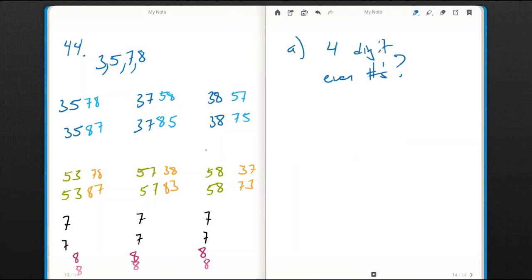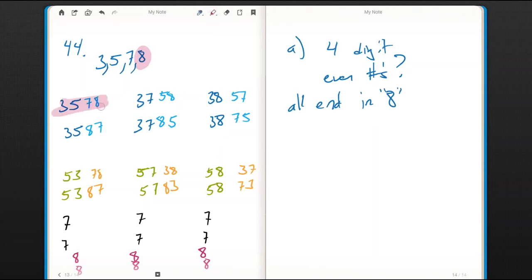Usually when we organize these, we think in terms of organizing all the front numbers of 3, all the first numbers of 5, all the first numbers are 7, all the first numbers are 8. But notice when we do this, it works the same way. If you say a number is even if it ends in an even number, so the 4-digit even numbers will all end in 8. There are no other numbers that are even in this set, and so there are 2 in this group that end in an 8.